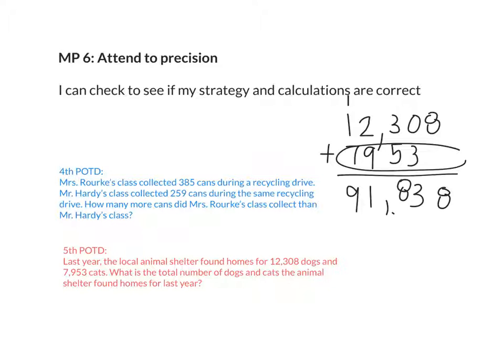Another example of being careless and not attending to precision is doing something like this. 385 minus 259. Oh, this is another example. What is not correct about this? Well, the number is 259, and I wrote 295, right?